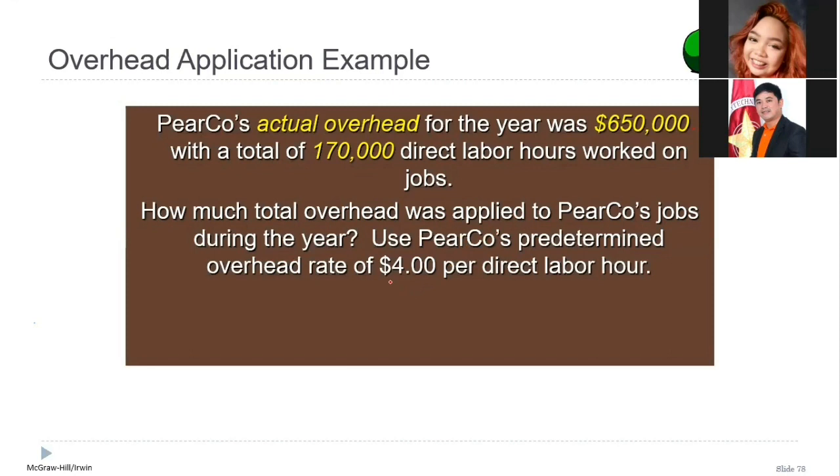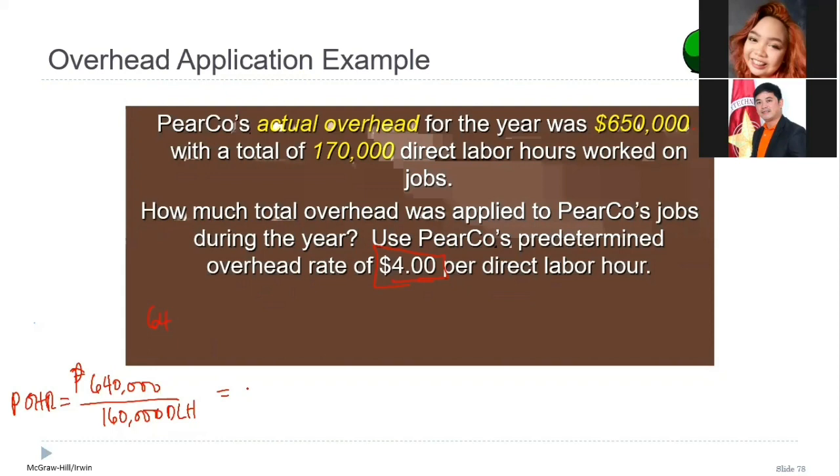So we have to use again yung ating predetermined overhead rate na 4 per direct labor hour. Okay? But just to recall, saan nanggaling yung 4? 640,000 po yung estimated natin over 160,000 na estimated na direct labor hours. Ito yung estimated overhead to get the POHR or predetermined overhead rate.